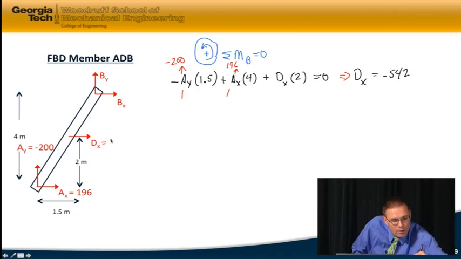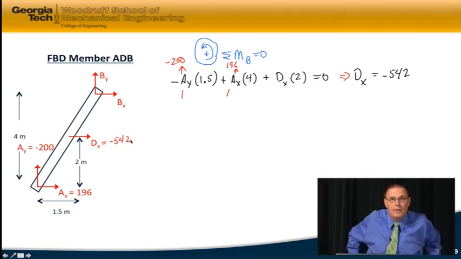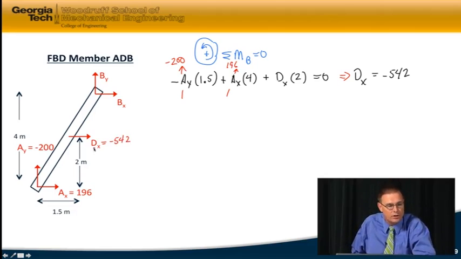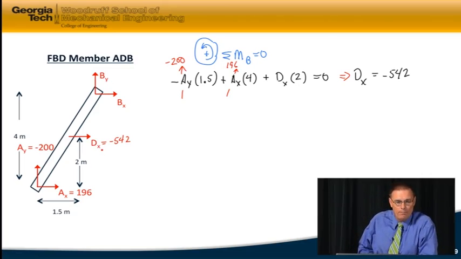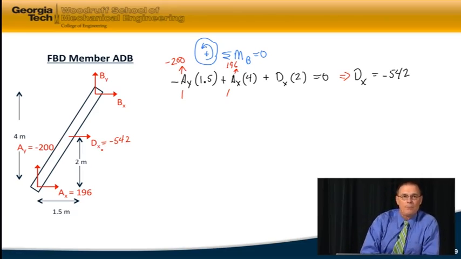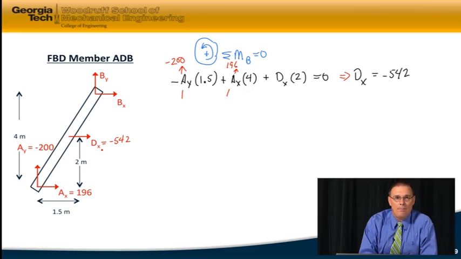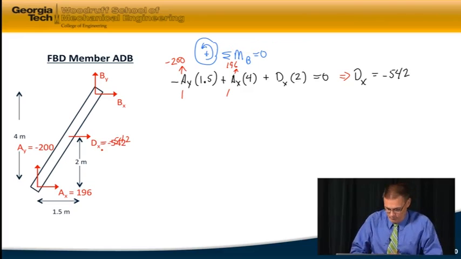And so, although we assumed member DE, the two-force member, in tension, it actually ends up being in compression because we get a negative value. At this point, I want you to go ahead and pick up and do the rest of the problem. How do you solve for BX and BY? Go ahead and do it, and then come on back.